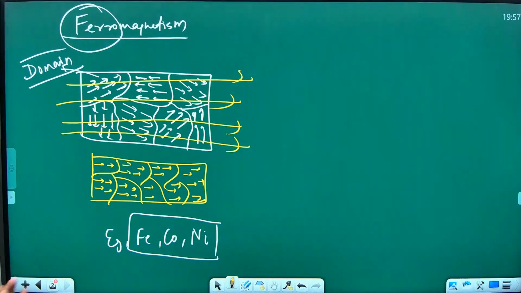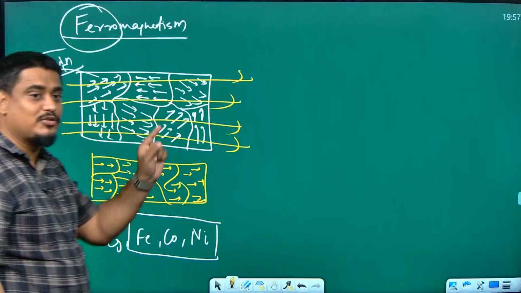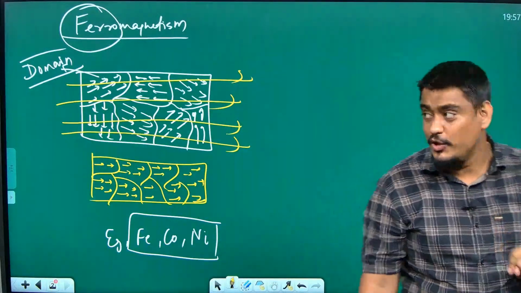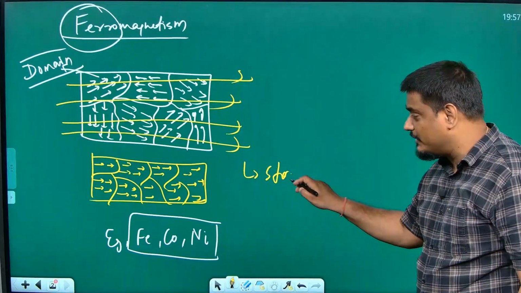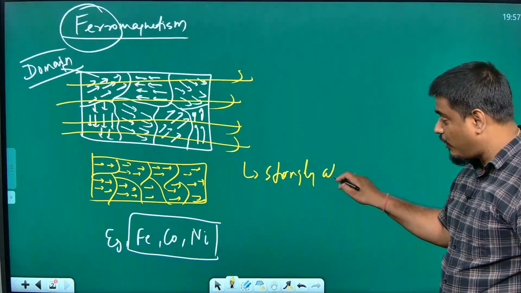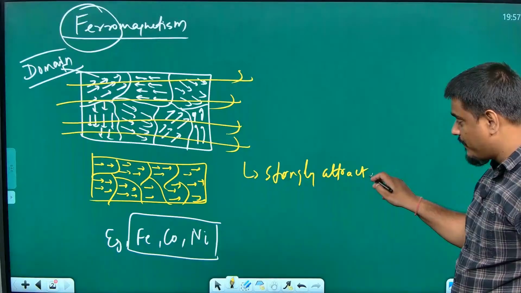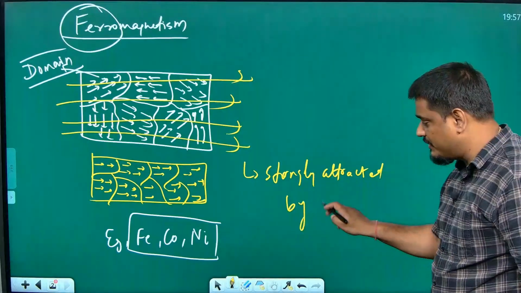The moment you apply an external magnetic field, domains get aligned in the direction of the magnetic field, creating a stronger magnetic field. So you can see very clearly that they will be strongly attracted by the external magnetic field.